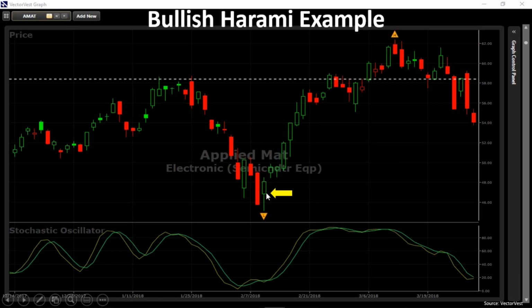You have other latecomers to the short parade that think they're getting a much better price than they would have gotten the day before. And they begin to short the stock thinking that there's going to be future downside. Well, what does that do to the price of the stock? That slows down the rise caused by all the short covering, forming your Harami.